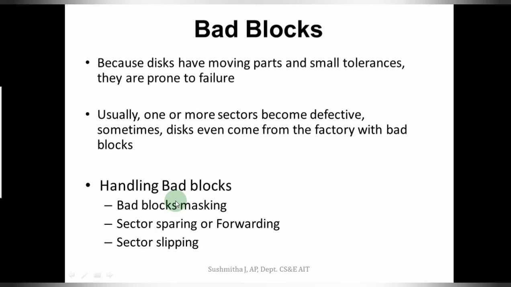The other method to handle bad blocks is sector sparing, or forwarding. This is a more sophisticated way of handling it. It works along with the hard disk controller. The controller maintains a list of bad blocks.